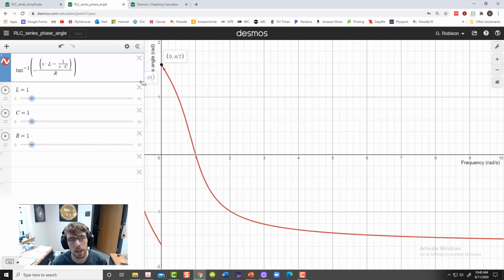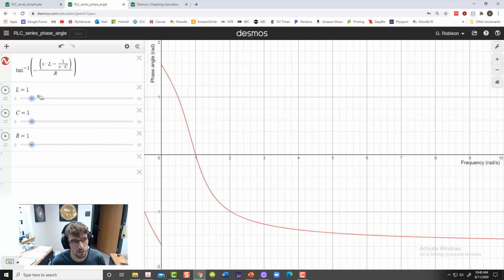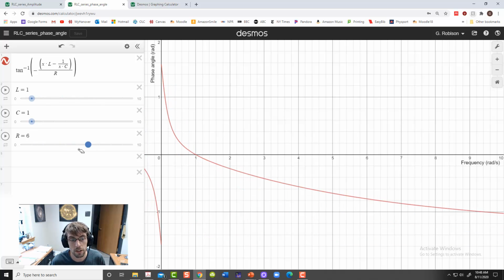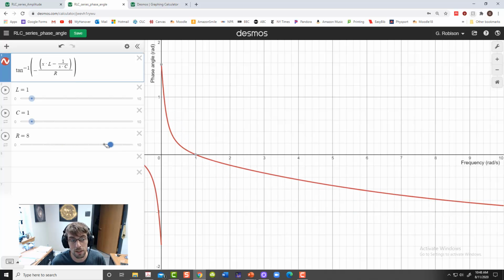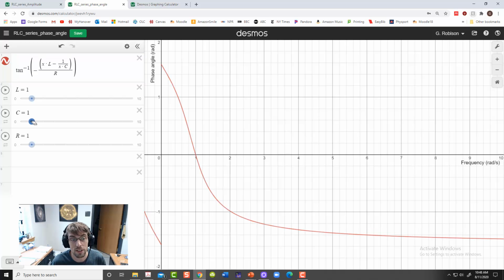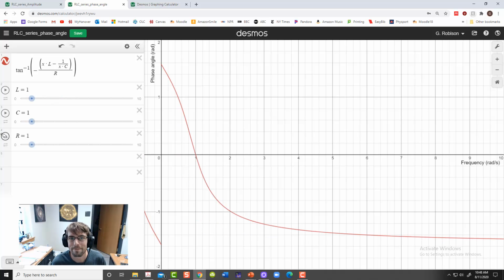So this is a different way of seeing that information that we visually saw on the previous graph, comparing the two shifts. Now, of course, if you want, you can fiddle with changing the capacitor value, the inductor value, the resistor value. You notice that resistor value doesn't change the location where the in phase occurs, whereas changing the capacitor value or the inductor value does. Pretty cool, huh?